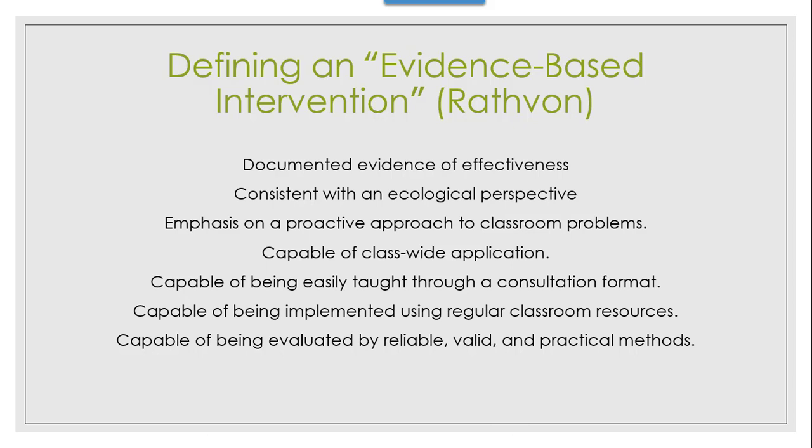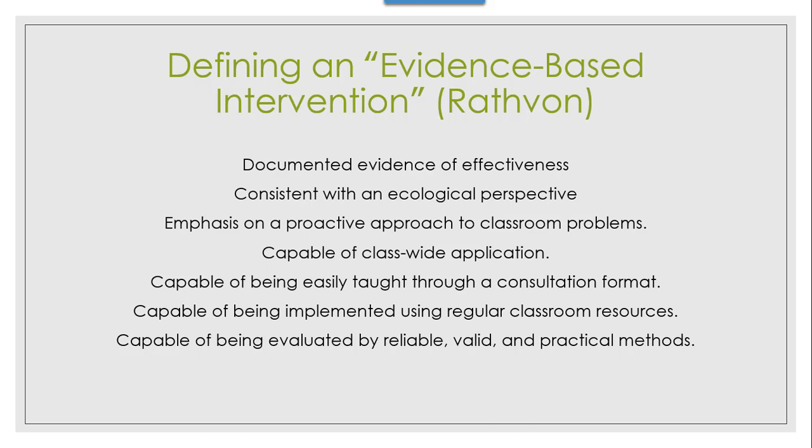If it doesn't, and you're doing an individual application, make sure there's some research to support using individual interventions at the class level or class interventions at the individual level. It needs to be something you can use in a consultation format and can teach. It needs to be something that can actually be done, and it can be evaluated.